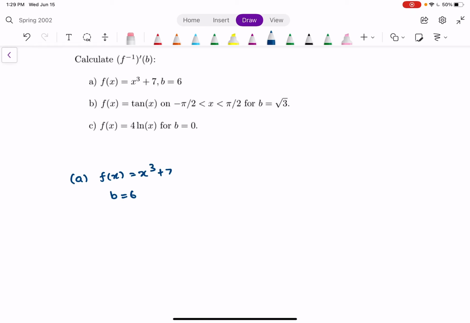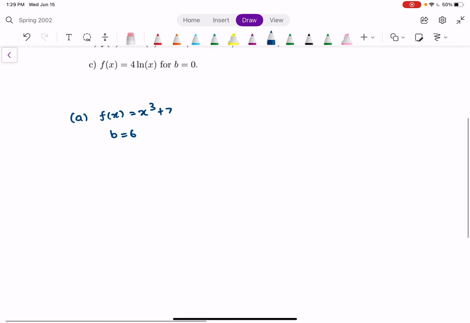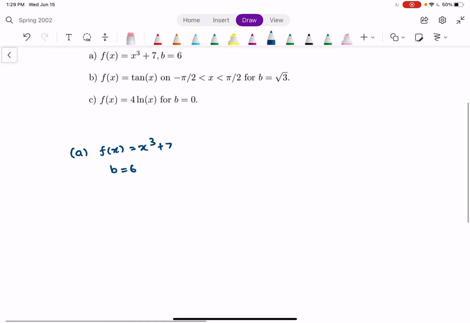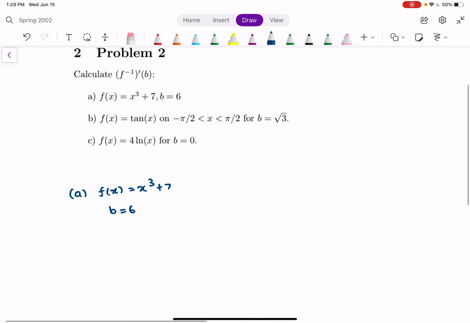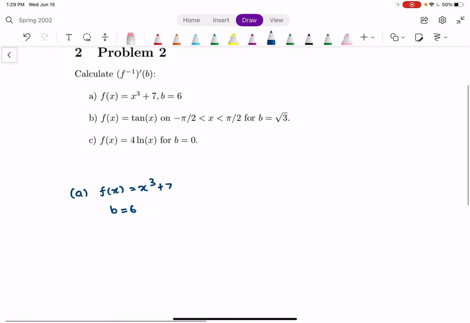Okay, so the first thing we're going to do is set b equal to the function, because this is the value they're going to ask for. Knowing how inverse works, we're going to put 6 out here and set it equal to the function.